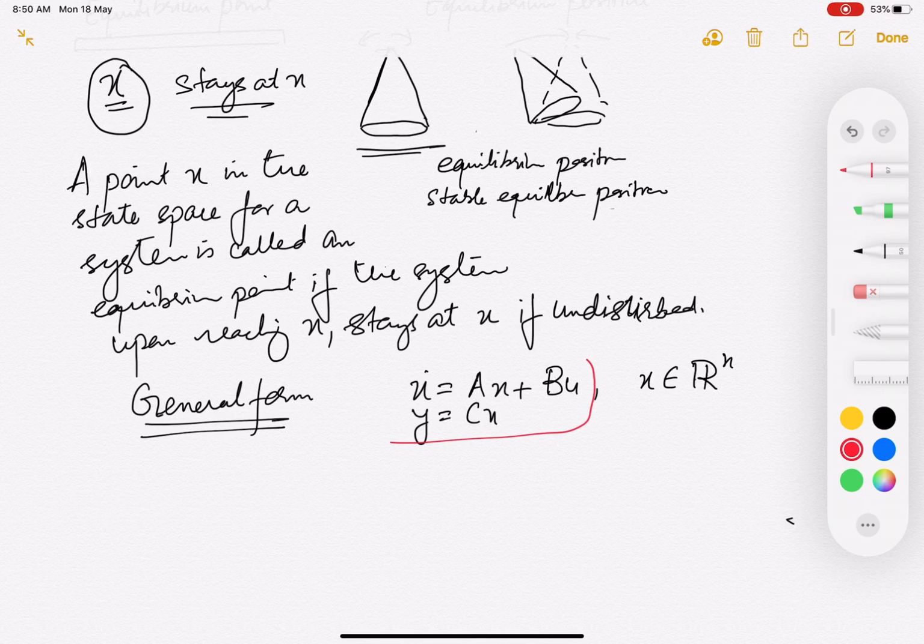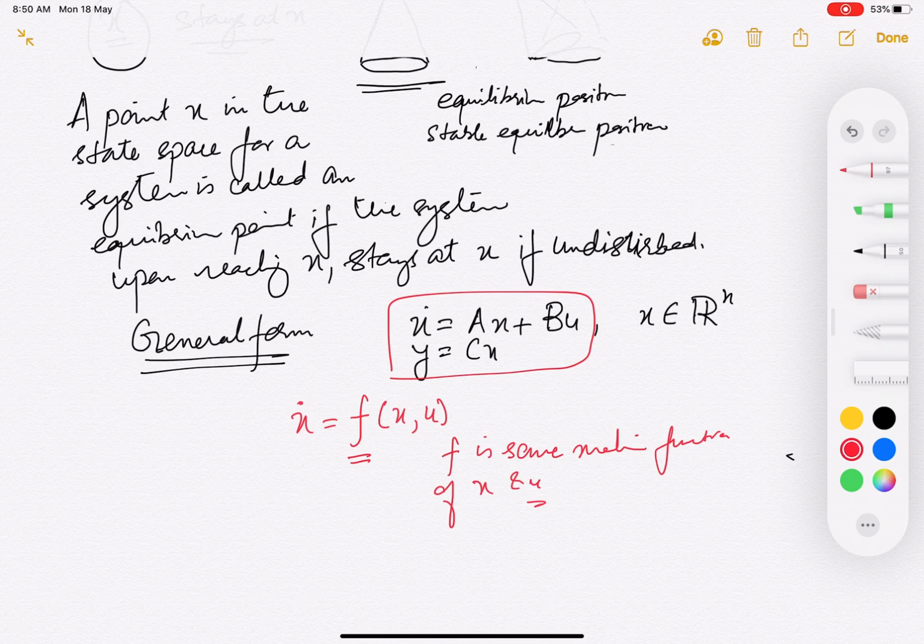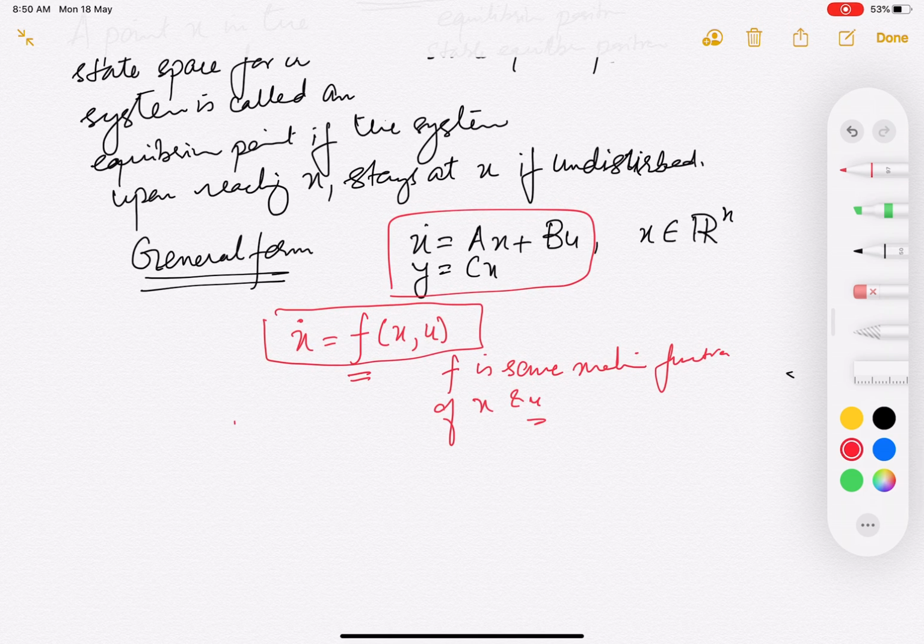A more general way of writing a system, and that's how you would write nonlinear systems, would be x dot is equal to f of x comma u, where f is some nonlinear function of x and u, right? So this is also not very general, but a more general notation would be f of x dot comma x comma u is equal to 0, right?